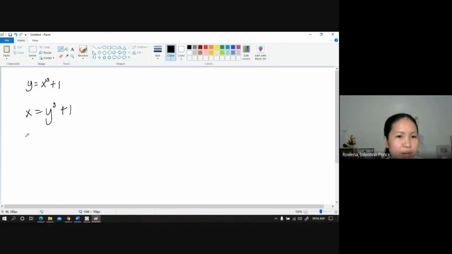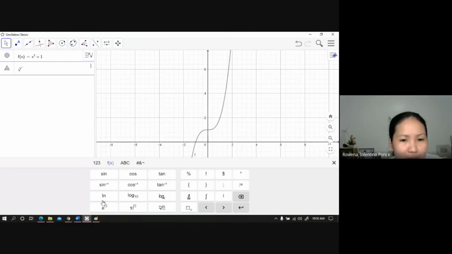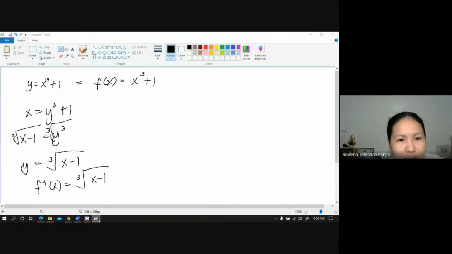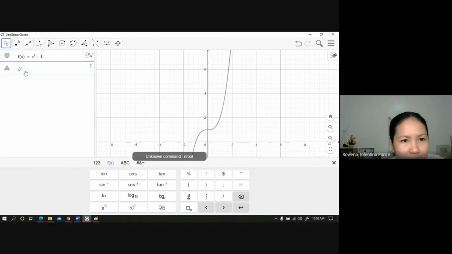And then we have x minus 1 is equal to y cubed. And to solve for y, syempre, by extracting the cube root, we have the cube root of x minus 1.